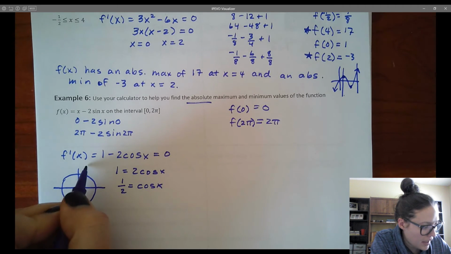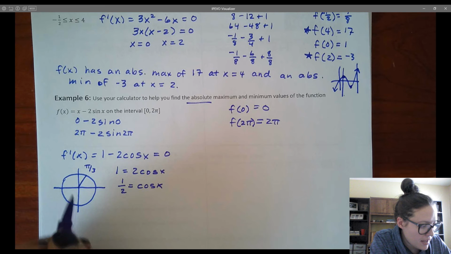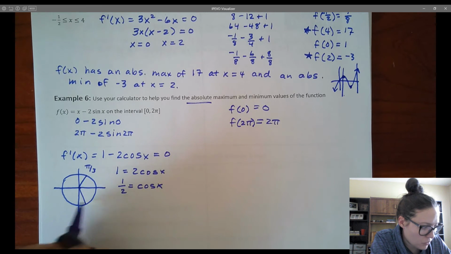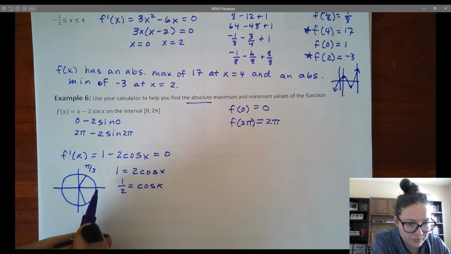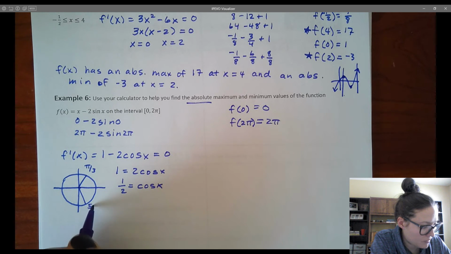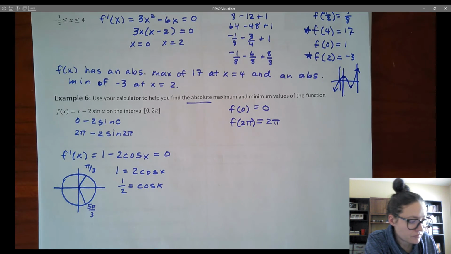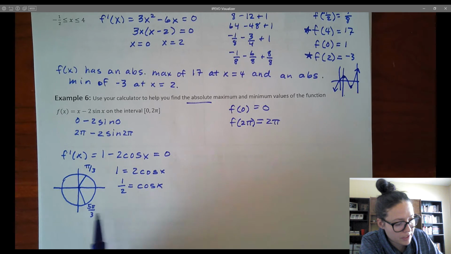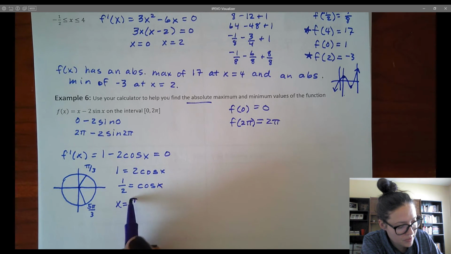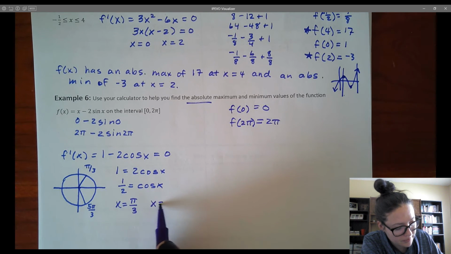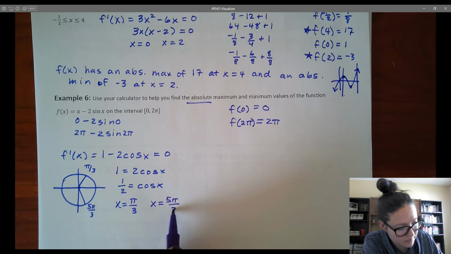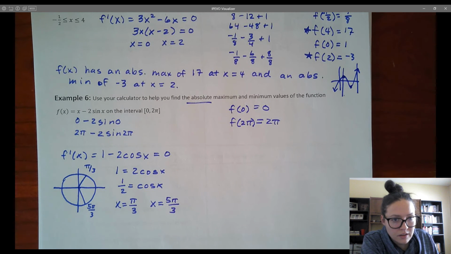So my other critical values are going to be here. So f of pi over 3 and f of 5 pi over 3.